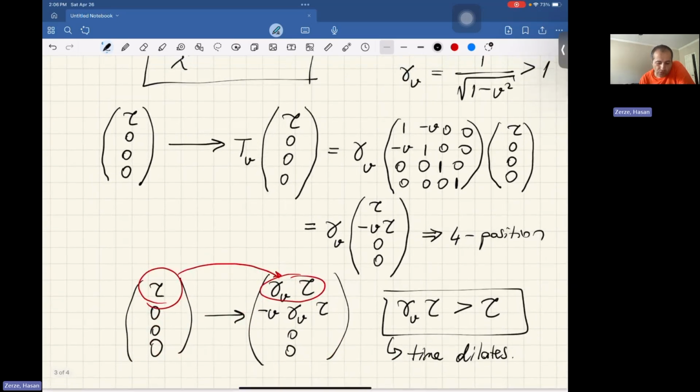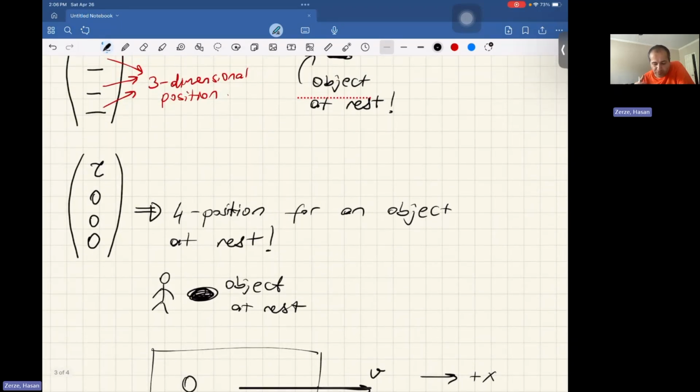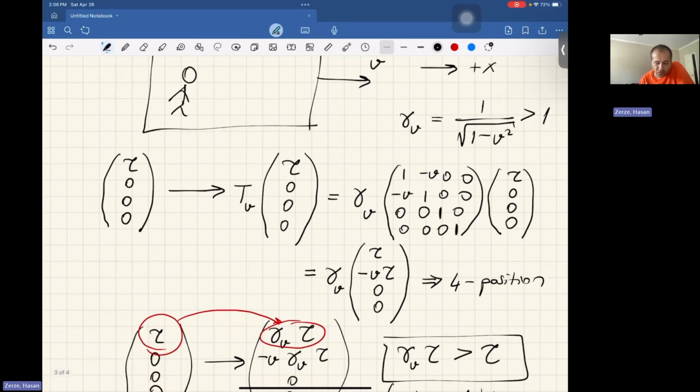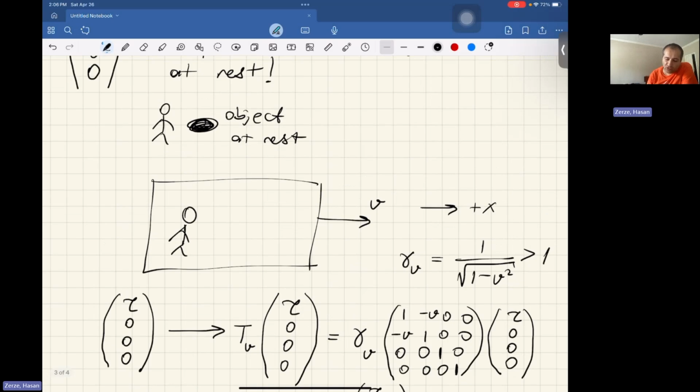So we have shown, starting from the four-position for an object at rest and applying the Lorentz transformation on it, that the time is dilated, meaning the time that ticks in the clock of the object at rest is different from the time that ticks in the observer frame.